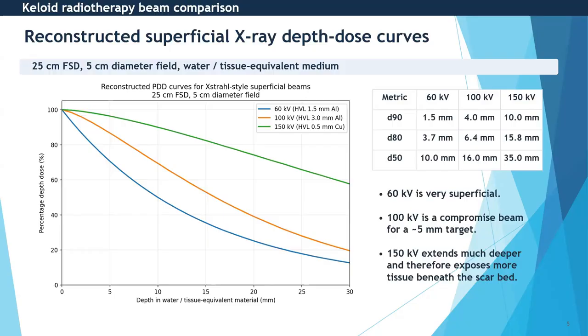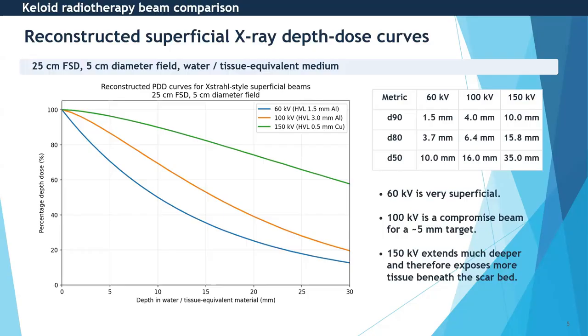That's the 60 kV beam, the orange one 100, and the green one 150 kV. And just the metric at the side where I've said D90, that's a 90% dose, is 1.5 millimeters deep for 60 kV, 4 millimeters deep for 100, and 10 millimeters deep for 150.